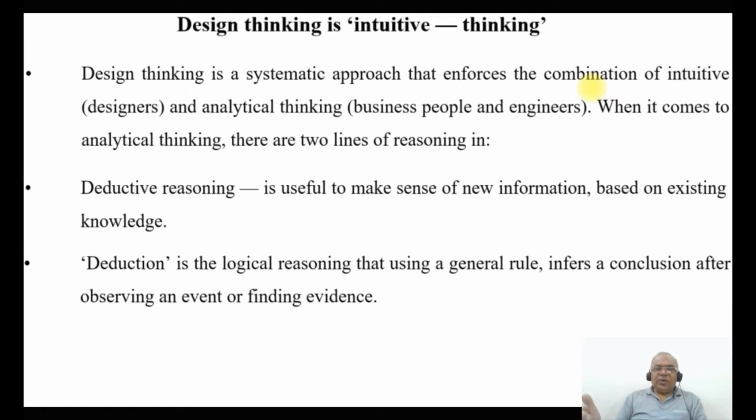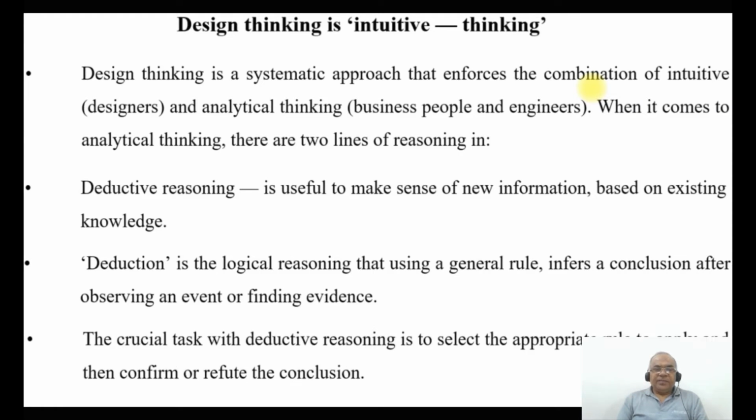That means after going through the logical reasoning and observing the event which has happened, we want to find the evidence for that event. That is what they do in deduction.